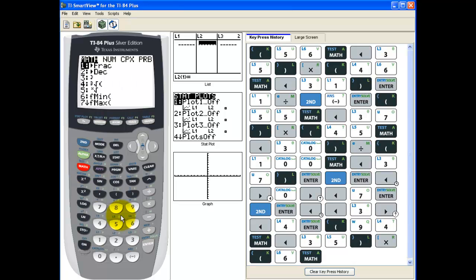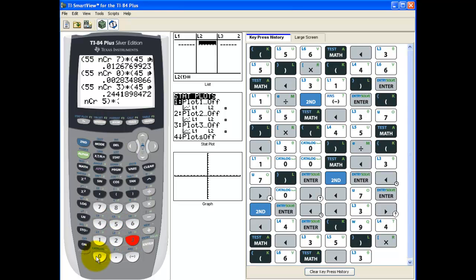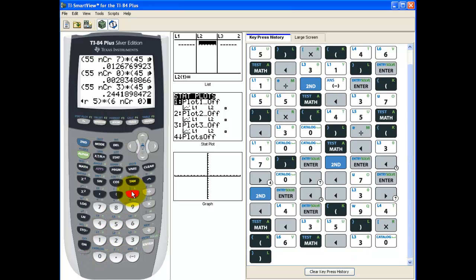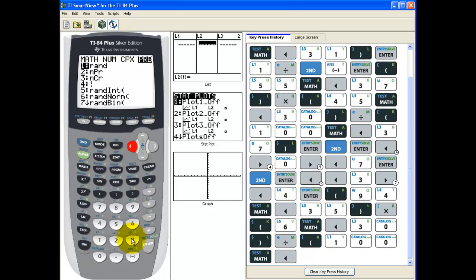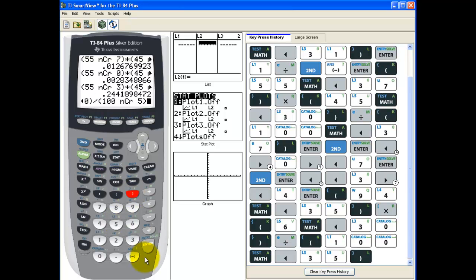Now again, if you know that 6 choose 0 is 1, feel free to just key in 1, or don't key in anything if you don't want to. But anyway, I'm just keying it in for completeness' sake. And then for the denominator, we have 100 TVs and we're choosing 5 of them. So the number of possible ways would be 100 choose 5. And therefore the probability of accepting the shipment would be about 72.9%.